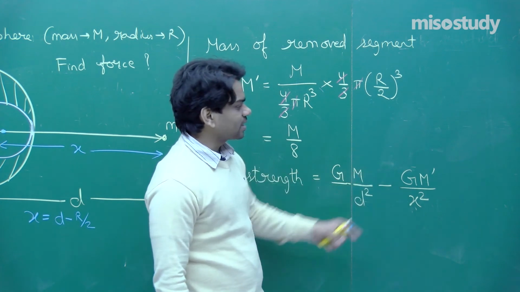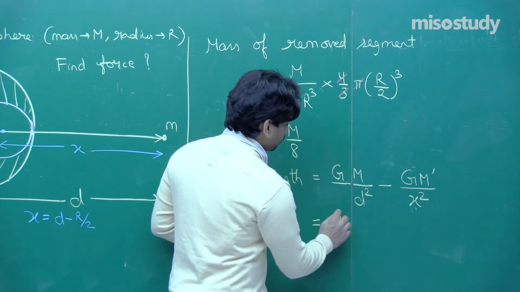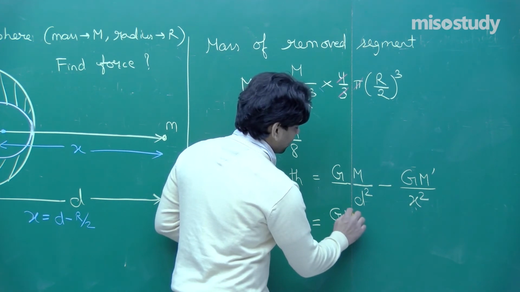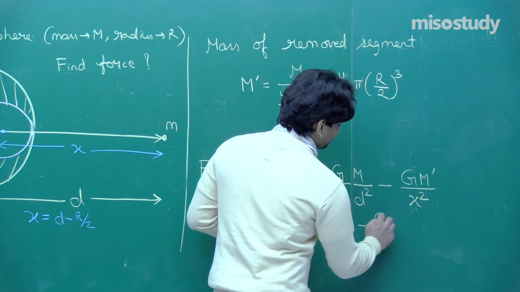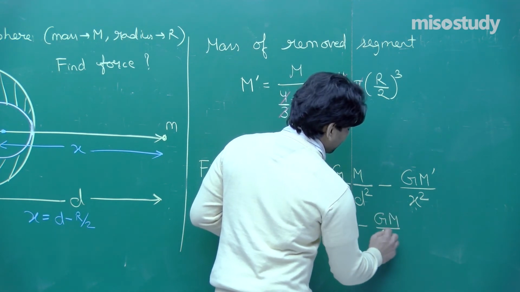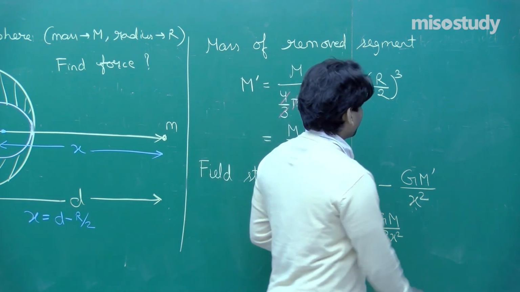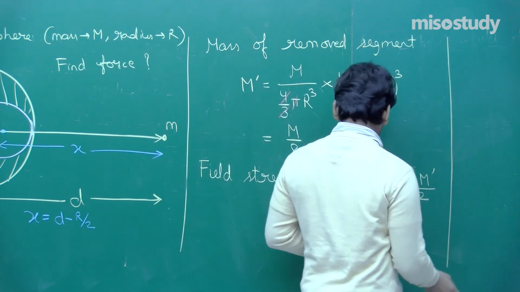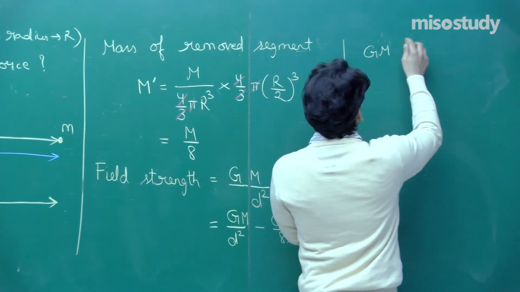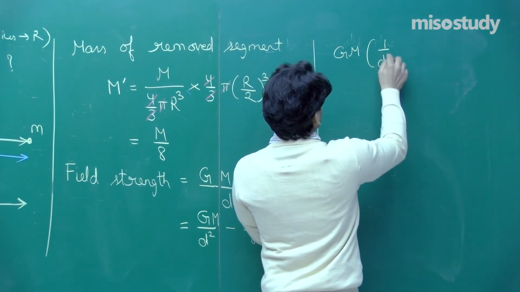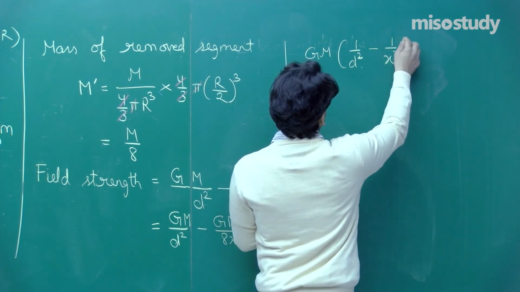Then m dash I can put as m by 8. It comes out to be G m by d whole square minus G m by 8 x square. So G m we can take common, and in simple words we can write it as 1 upon d whole square minus 1 upon 8 x whole square.